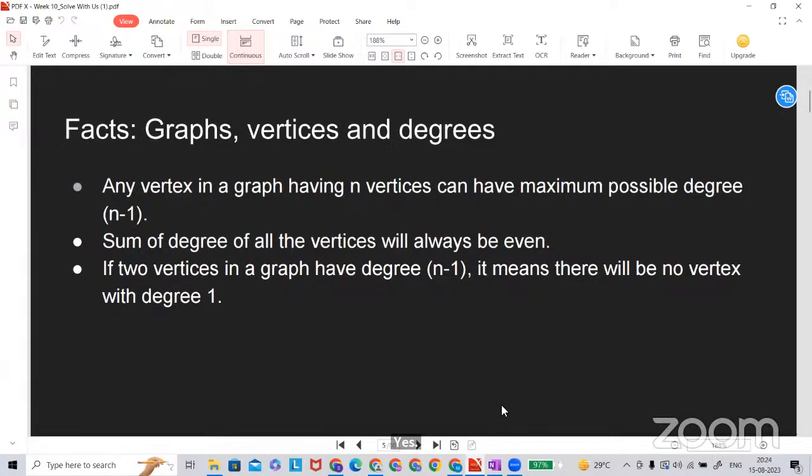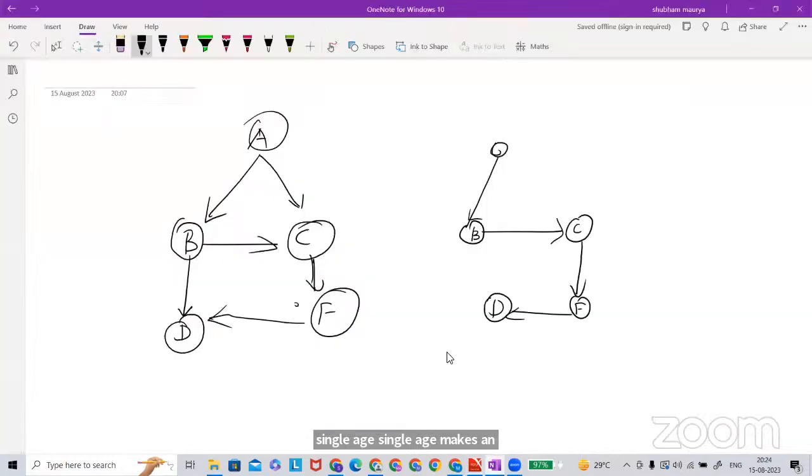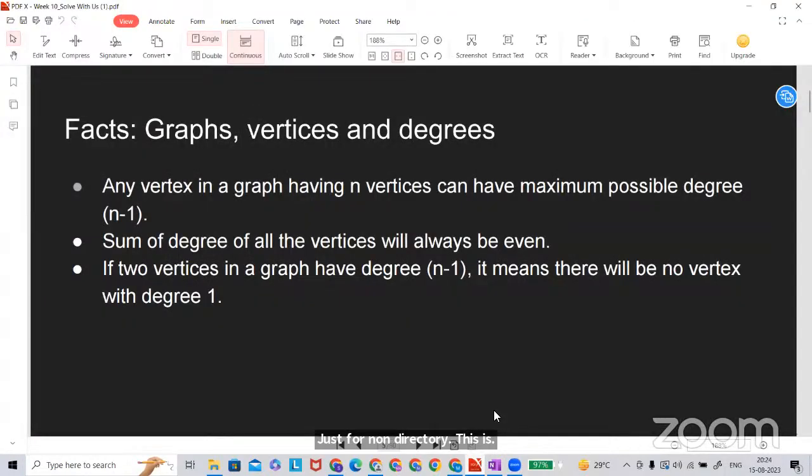One single edge gives 1 degree to one vertex and 1 degree to another vertex, between two vertices V1 and V2. This is for non-directed, undirected graphs.